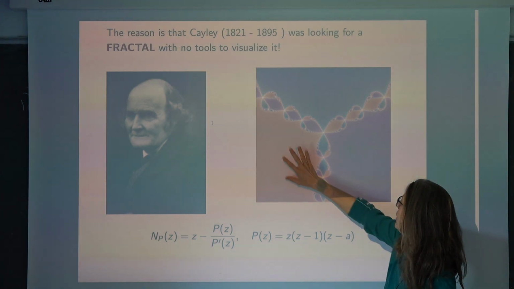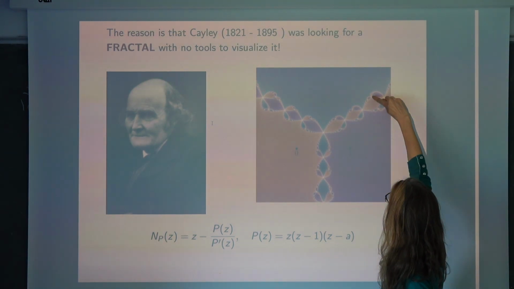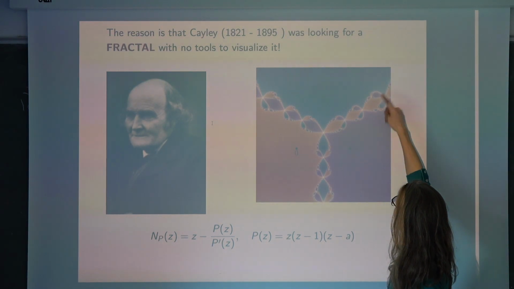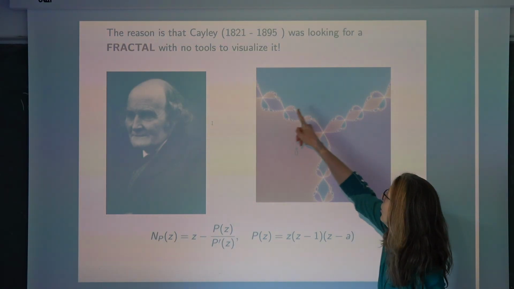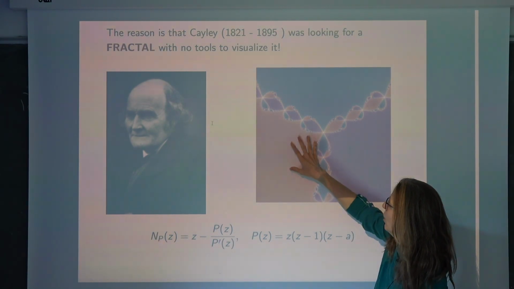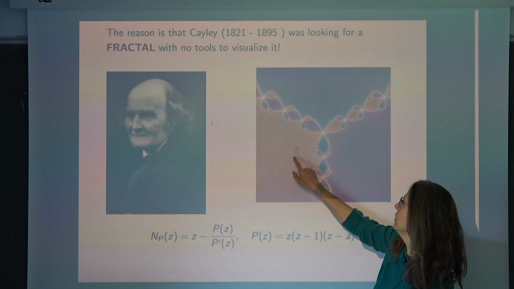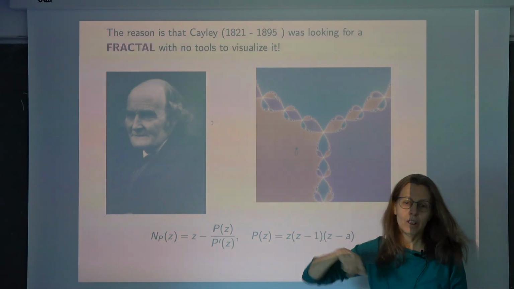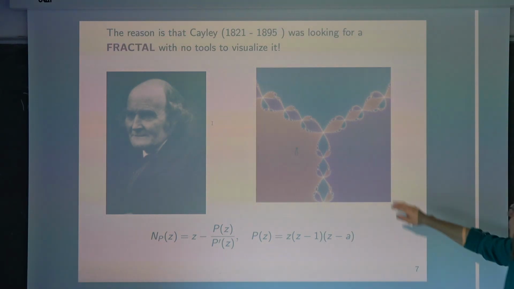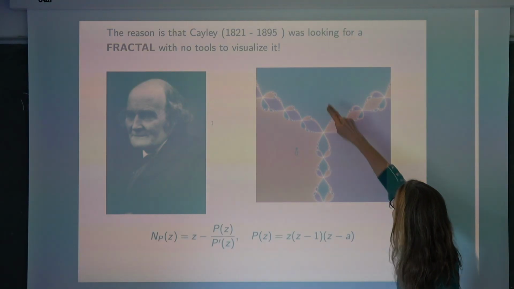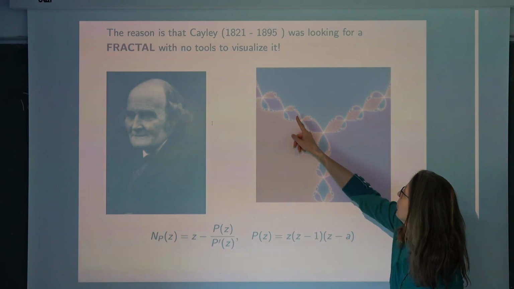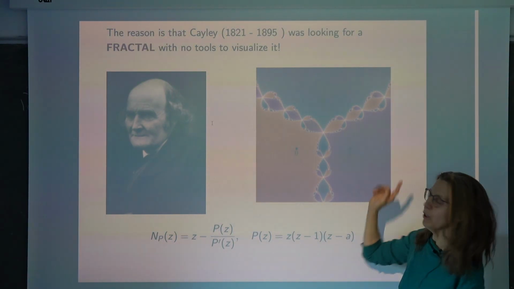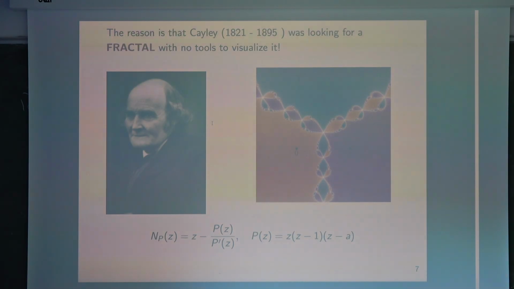And if you start in any orange region, so if z0 is in any small orange region, by iteration it will go to an orange region, and at the end, finish in the neighborhood of 0 and converge to 0. If you start in blue, you finish in blue, and if you start in pink, up, you finish in pink. Okay? So it's not obvious, so you have to understand, and there are a lot of articles on this Newton method on cubics. Okay.